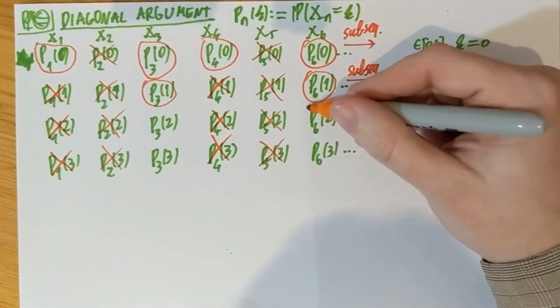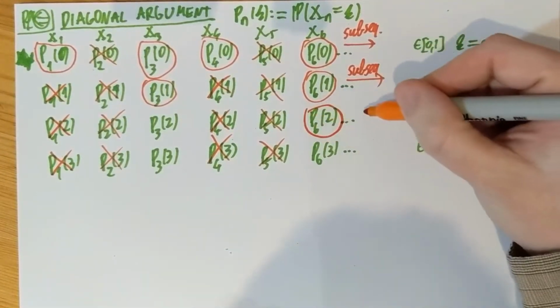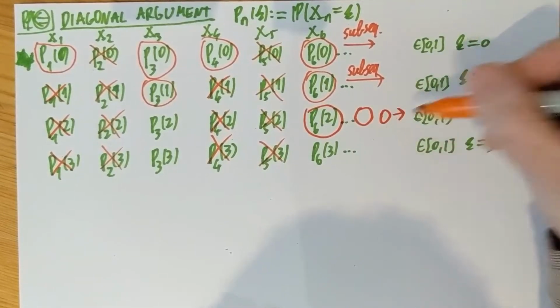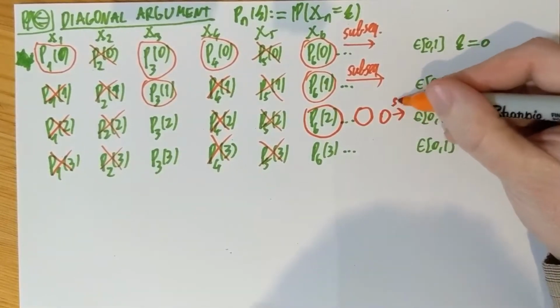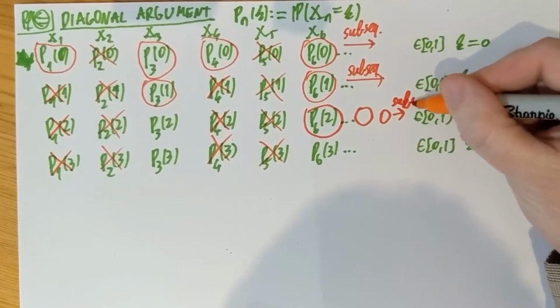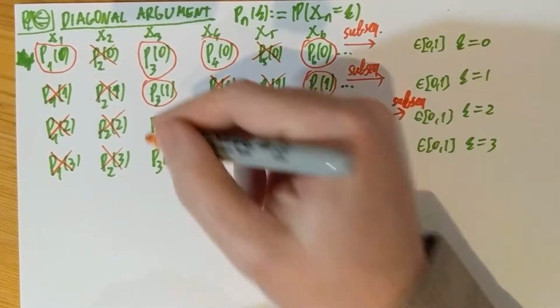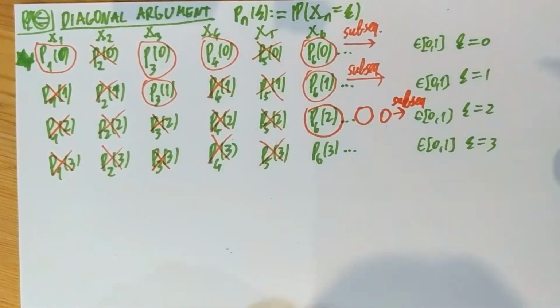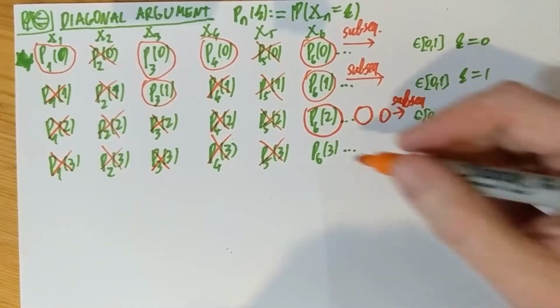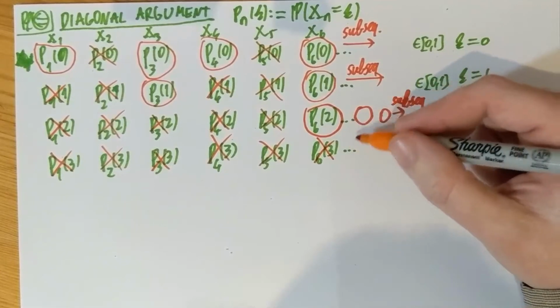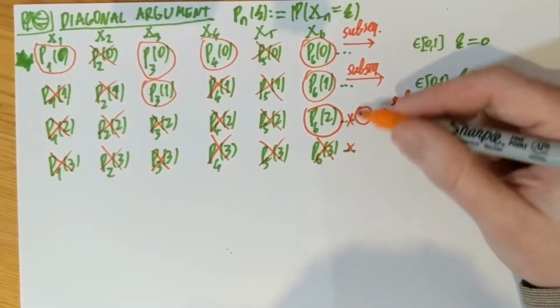And then I'm going to pick this guy and some more, which will form a convergent subsequence that goes to some limit. And here as well, I'm going to forget everything I didn't pick. Everything I didn't pick, I forget.